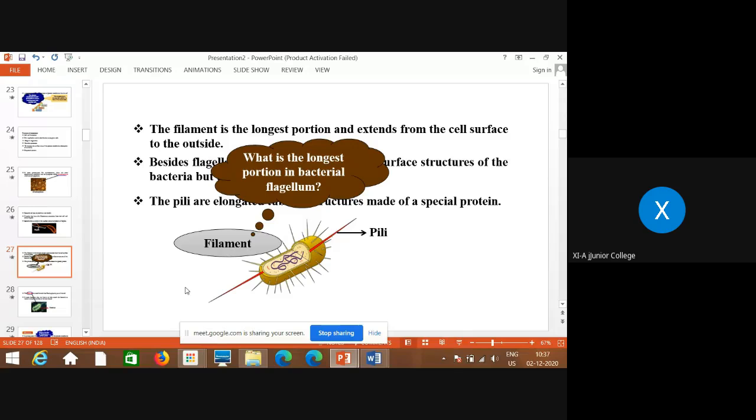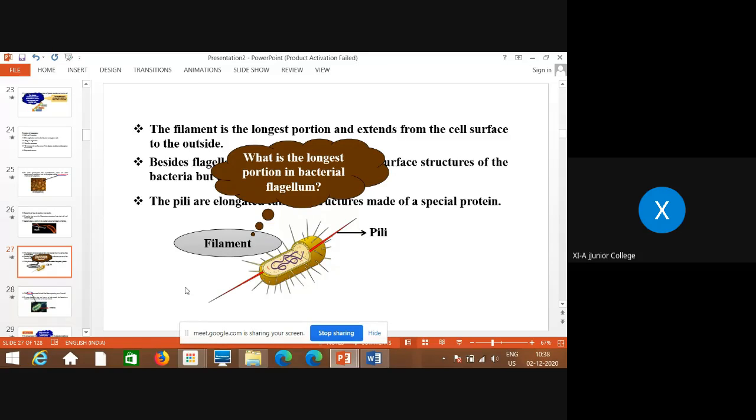The filament is the longest portion, an extension from the cell surface to the outside. So this is the longest portion outside the cell body. That is nothing but the flagellum.